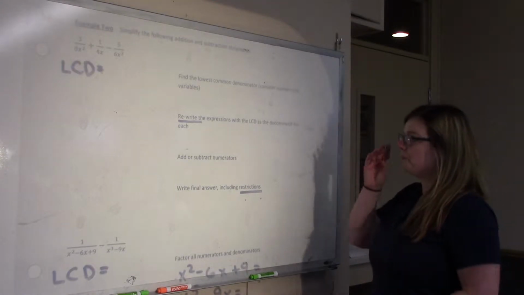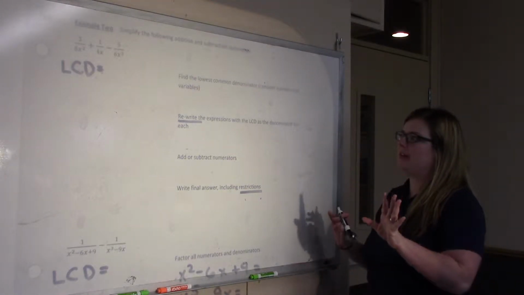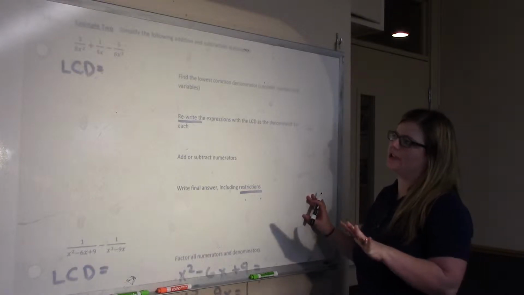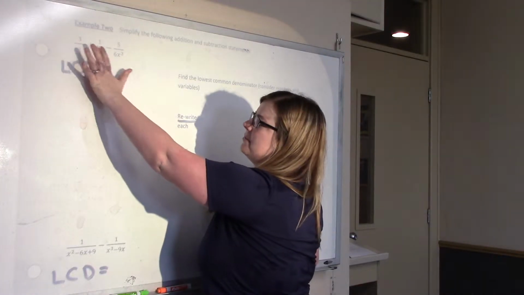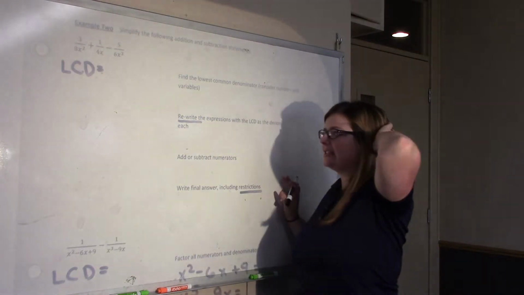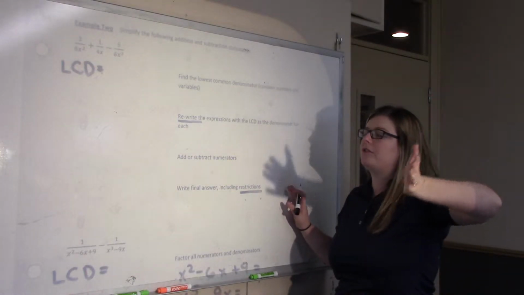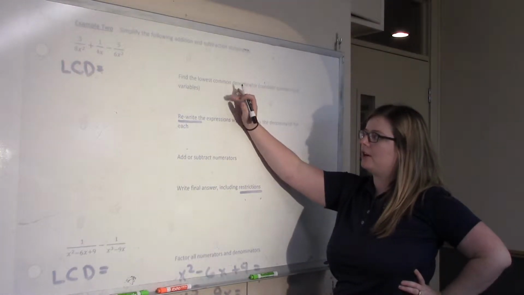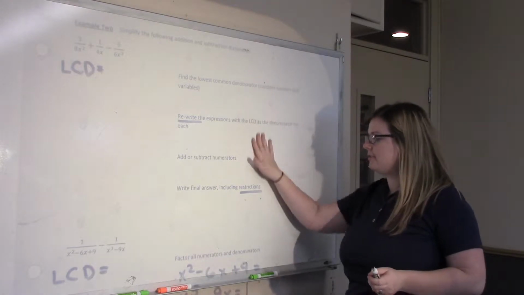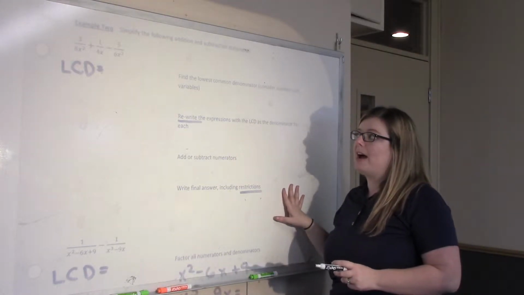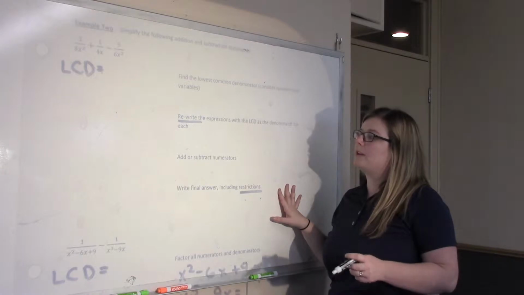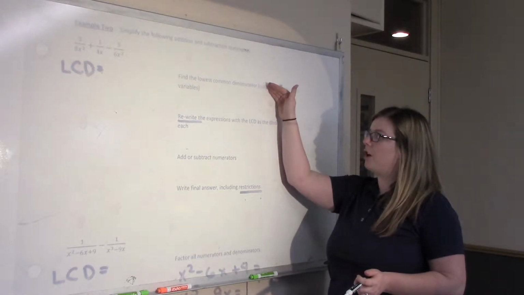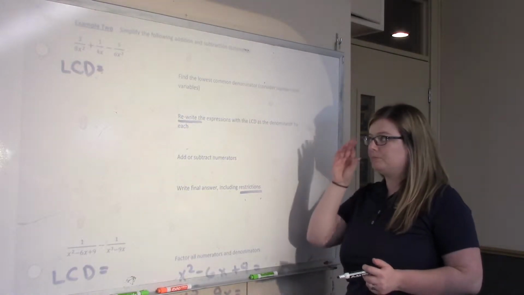Okay. So now we're going to actually simplify this by adding and subtracting these fractions. So we have this plus this minus this. Just as with any rational number, first you need to find a lowest common denominator. Notice that I've actually written out the steps here for you. So make sure you have this with you tomorrow when you're doing the work in class, to make sure you're following each of these steps, step by step.